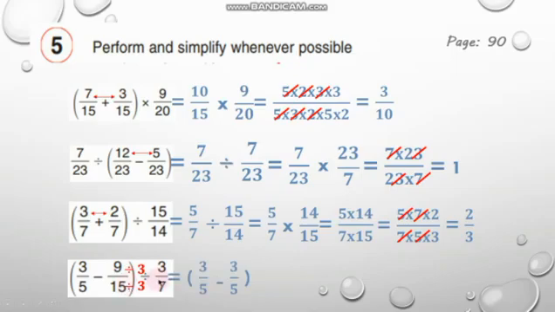So I have 3 over 5 minus 3 over 5 divided by 3 over 7. Now I have 3 minus 3 is 0 over 5 divided by 3 over 7, equals 0. So 0 over 5 times 7 over 3 equals 0 over 15 equals 0.